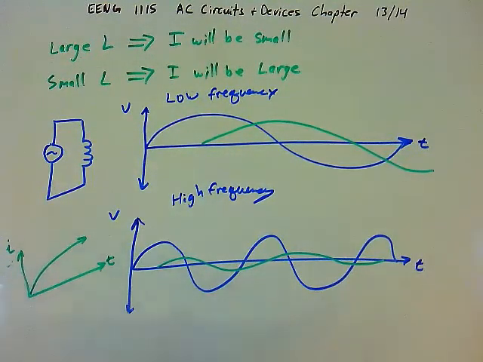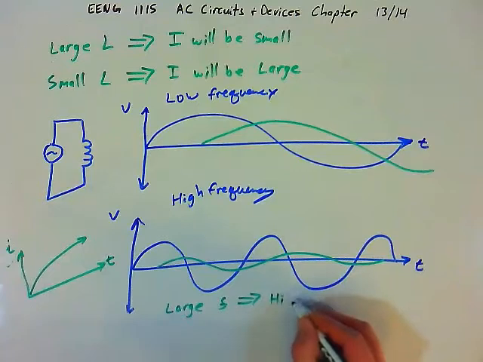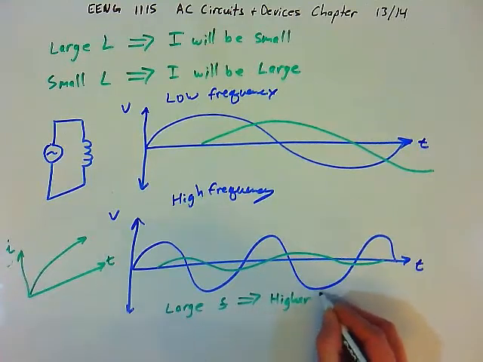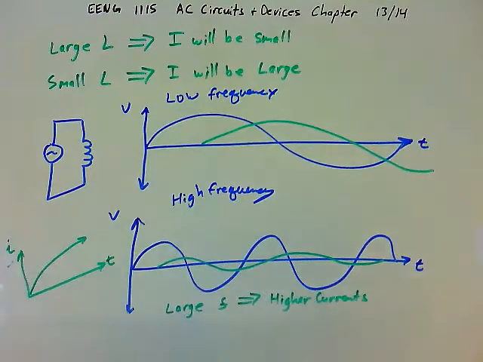Now we're seeing how the frequency affects current. And so for a low frequency, we're going to have higher currents. I'm sorry, I wrote large here, I meant low. Right?